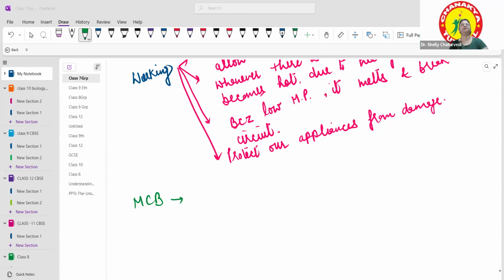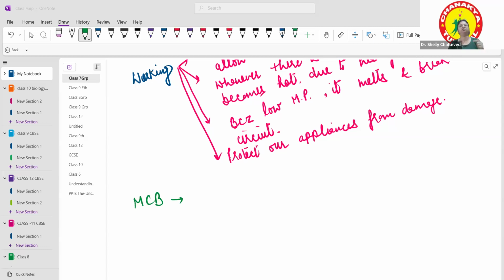Yes. So what happens? Fuse has a wire which is made up of alloy. When there is a normal flow of current, up to a certain amount, there is no issue. But if the current flow increases because of any reason, maybe there is short circuit or overheating, what happens?